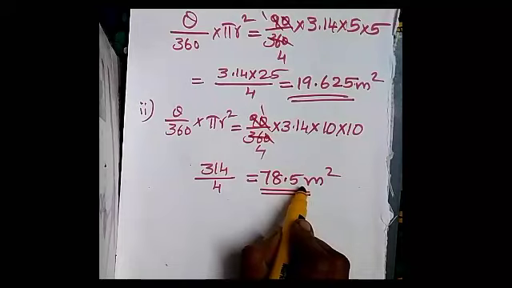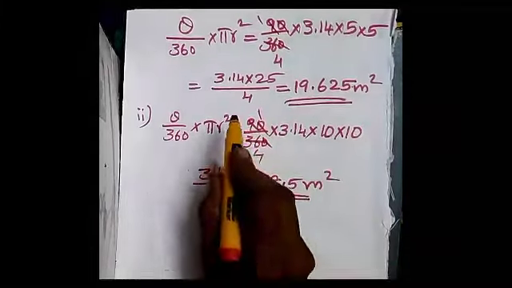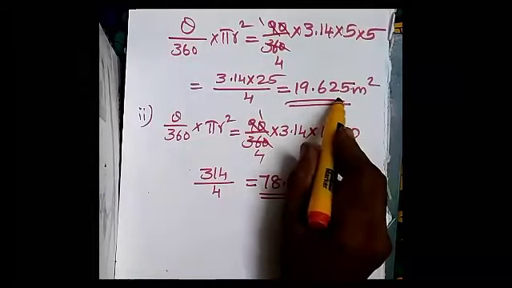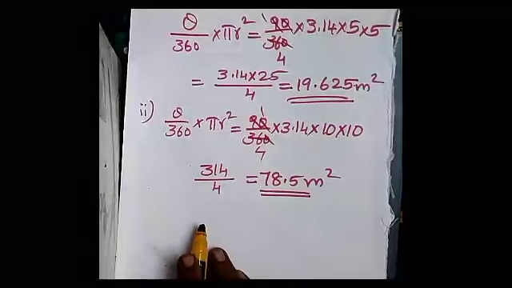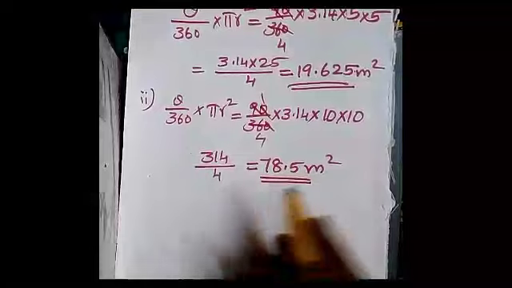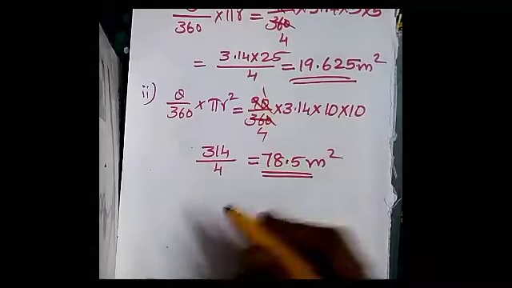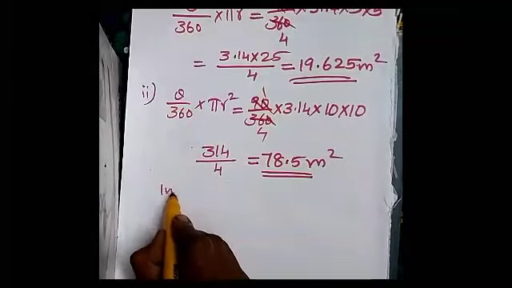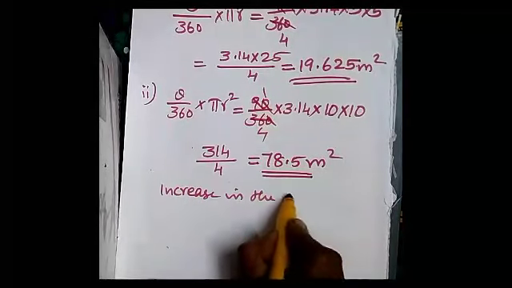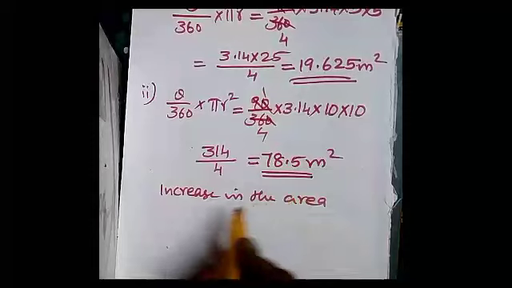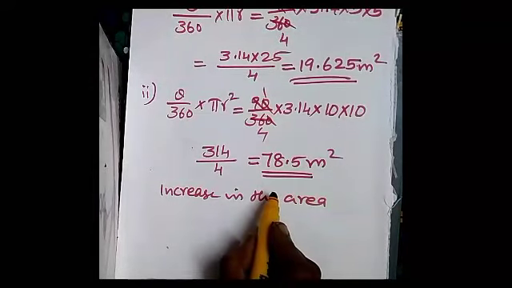So if the length of the rope is 10 meters, the area of the sector is 78.5 meter square. If the length of the rope is 5 meters, the area is 19.625 meter square. Now, the second question is the increase in the grazing area. How much area increased? How we can find that? For that, just you have to find the difference.